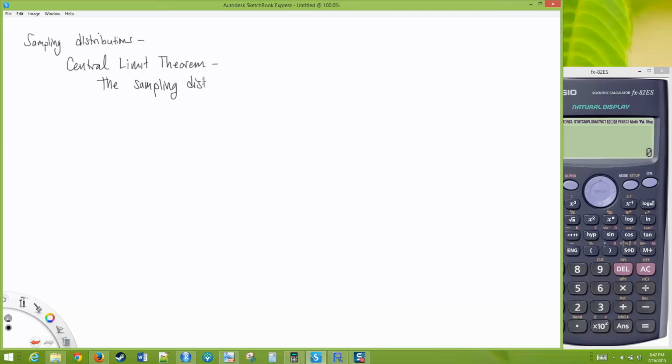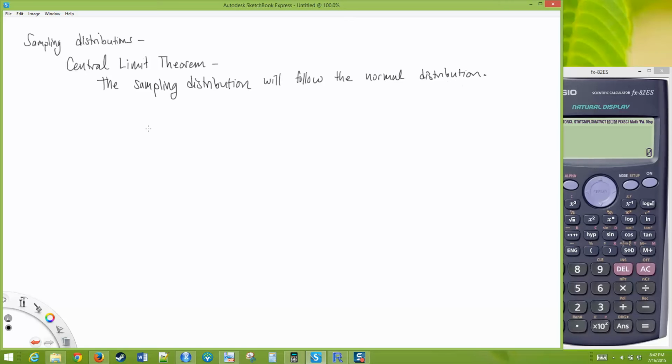Sampling distribution will follow... This is kind of the loose idea here, okay?